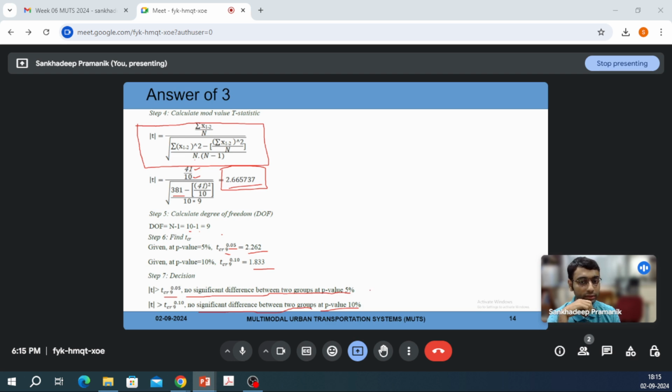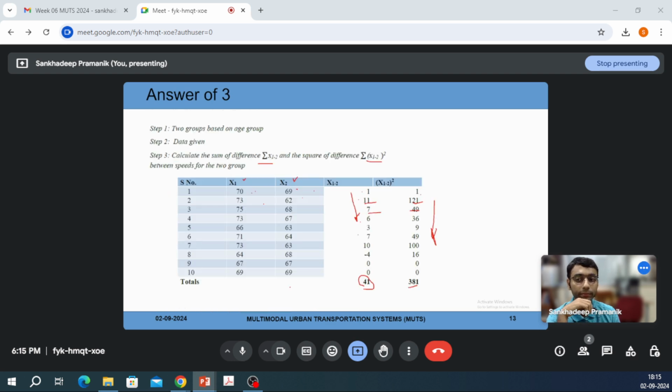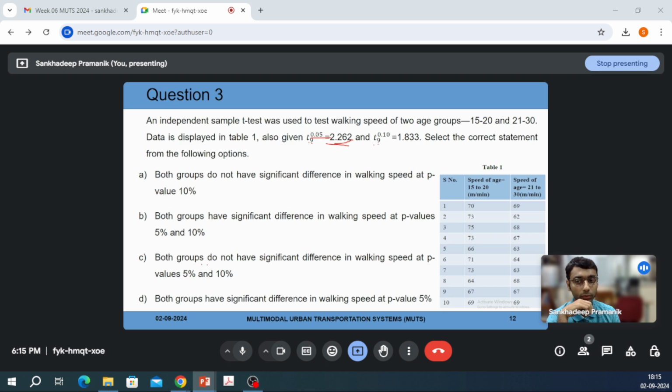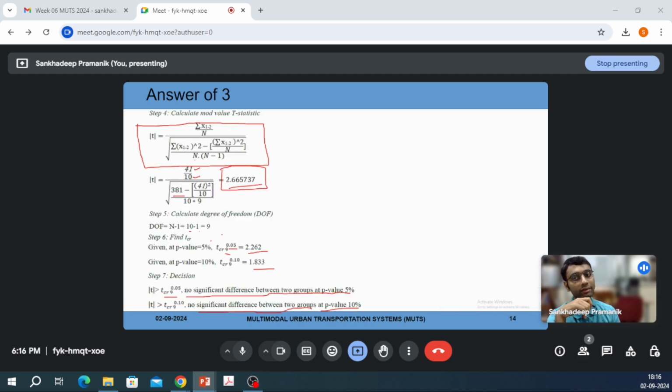So in both the case there is no difference. So here option C will be the correct answer, that both groups do not have significant difference in walking speed at p value 5% as well as 10%, because in both the case the T statistics value, that is 2.66, is greater than this T critical value.